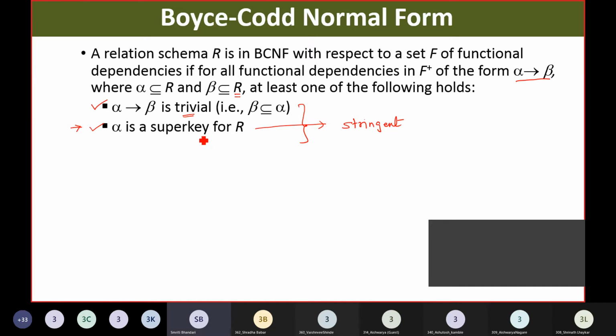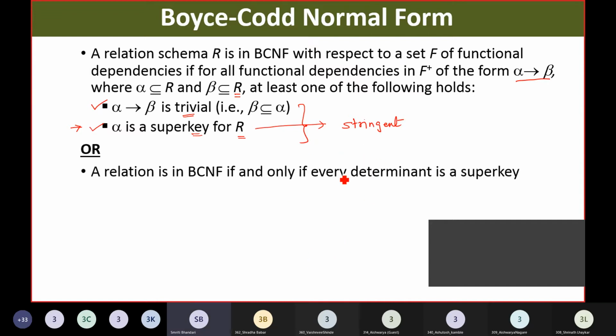So the determinant, or the left hand side of the functional dependency, must be a super key for R, and this should be true for all the dependencies, right? This is a more stringent condition that has been imposed. But if we satisfy this condition, then it is possible for us to remove the redundancy that we had in 3NF.